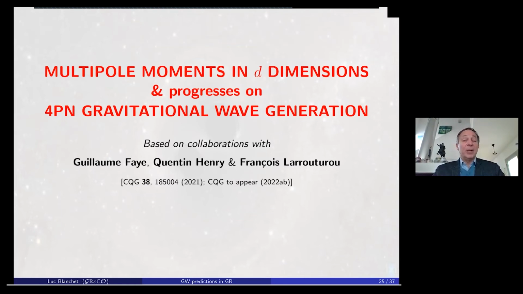This is because we have to use dimensional regularization. I said that there are both UV and infrared divergences that you have to regularize, and that the correct method to deal with these divergences is dimensional regularization. But this poses an interesting problem for the definition of multipole moments in d dimensions, as we shall discuss.